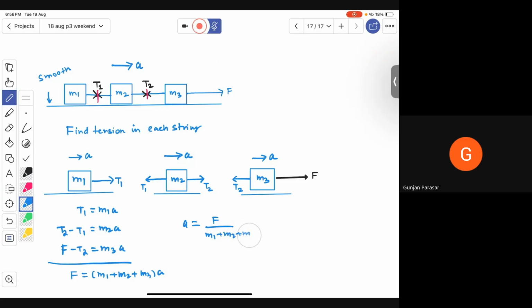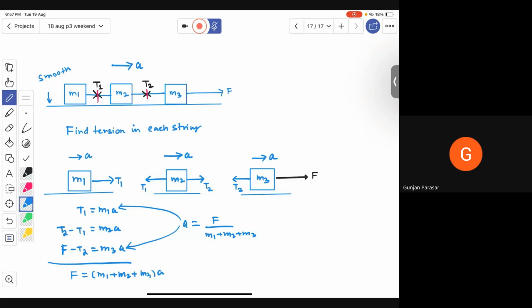Then you can plug this value of A into these equations to find T1 and T2. Or else you can do the thing I did for the three blocks moving together, and get the answer as homework.